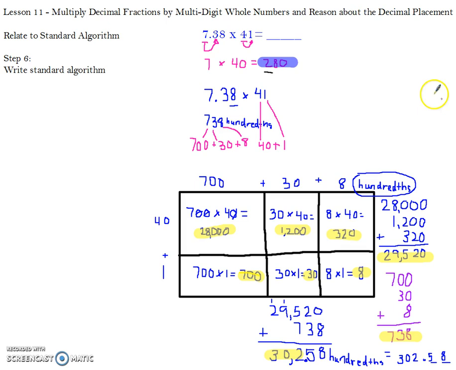Next, we want to relate to the standard algorithm, and so step 6 is going to be to write our multiplication problem in our standard algorithm. So we have 7.38 multiplied by 41.